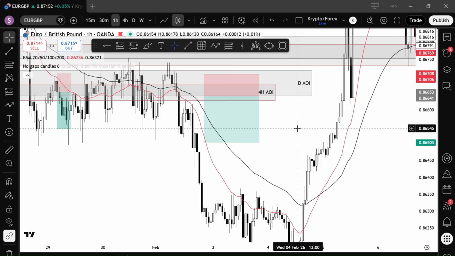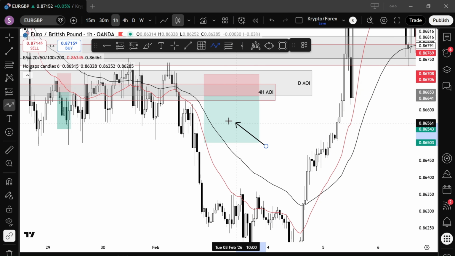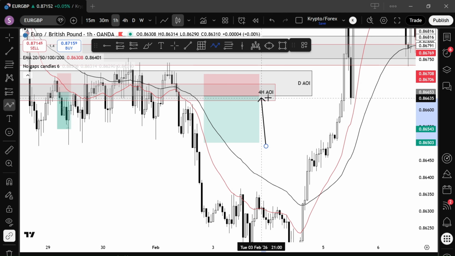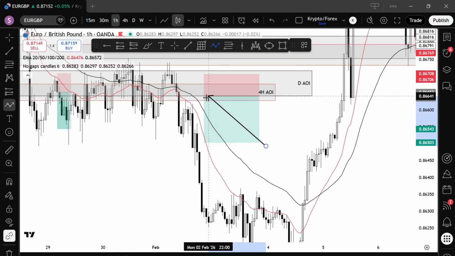And yeah, now I'm just showing the trades that I found in the middle of the week, not on the weekend that we analyzed together, but trades that I just randomly found during the week. I actually found 3 more trades on EUR GBP. Like this one, we wanted to enter right here at this 4-hour and daily area of interest.